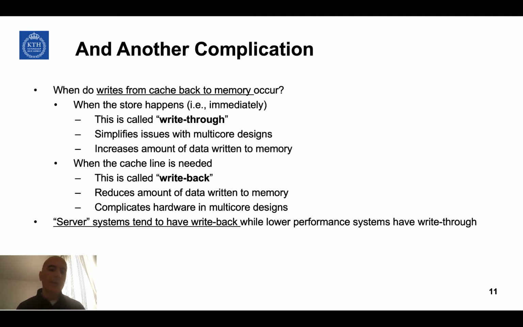More advanced systems like server systems tend to have this last option, write back, while lower performance, simpler systems have write through. So depending on which hardware implementation, we also have different times for modeling the write back to the memory in our model.